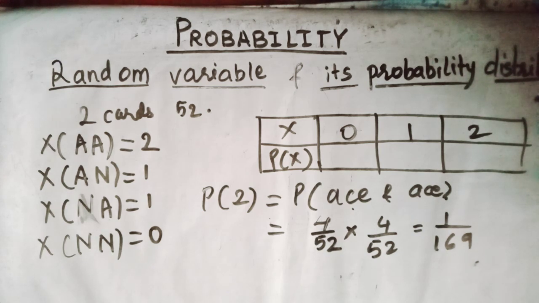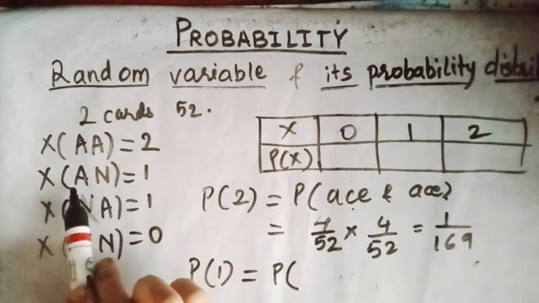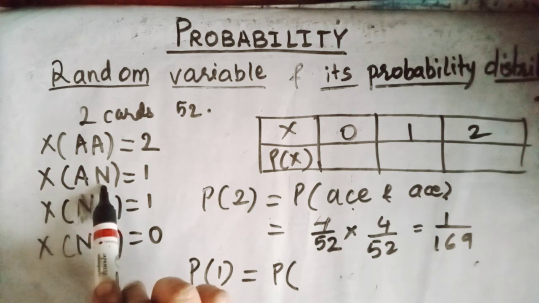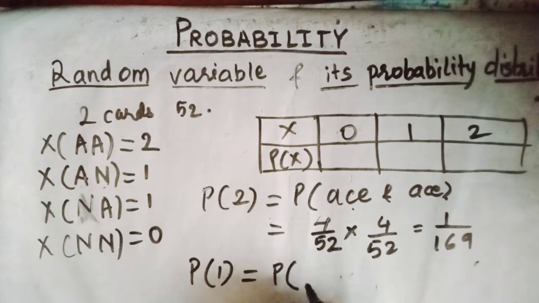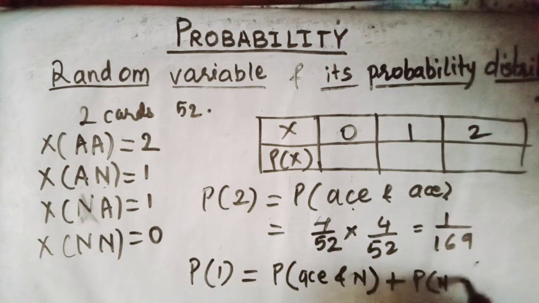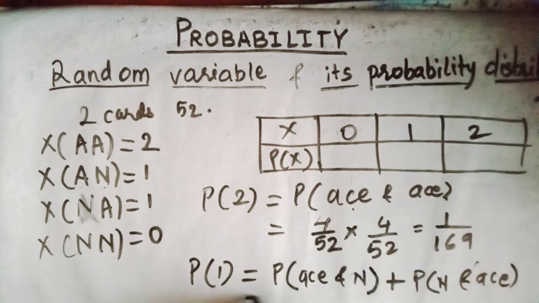Then the second is our probability of 1, which is the probability of ace and non-ace plus the probability of non-ace and ace. For ace, it is 4 by 52.